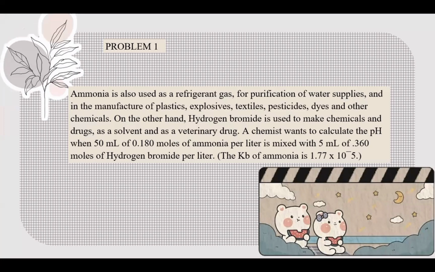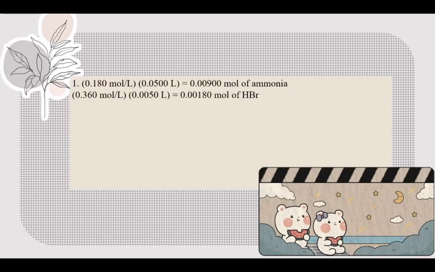A chemist wants to calculate the pH when 50 mL of 0.180 moles of ammonia per liter is mixed with 5 mL of 0.360 moles of hydrogen bromide per liter. So, solution.